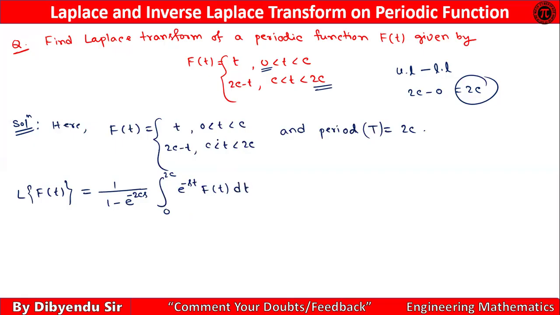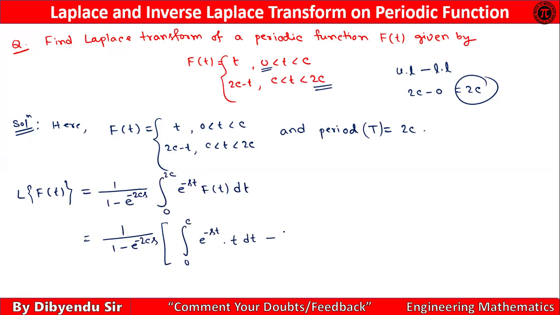Okay, since we have two different values for different regions, we have to break this integration. So 1 minus e to the power minus 2cs, integration 0 to c e to the power minus st into, in 0 to c, the value of the function is small t, so e to the power minus st into t dt.